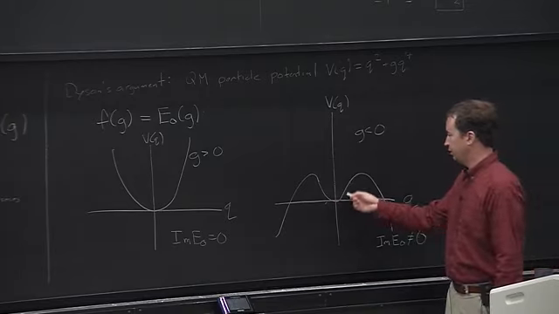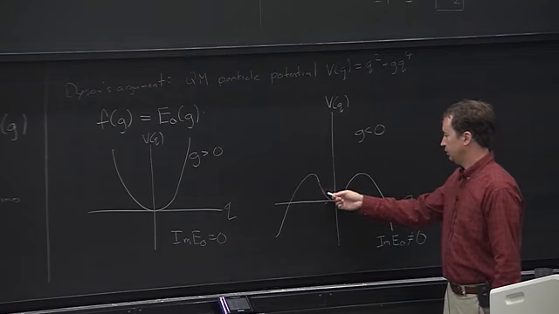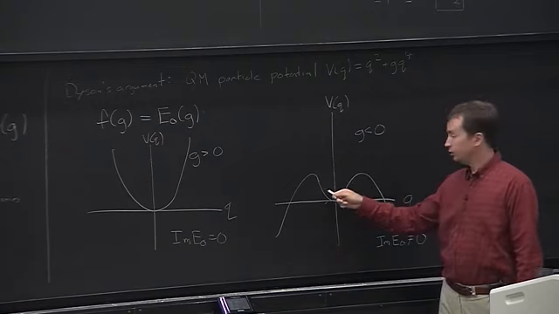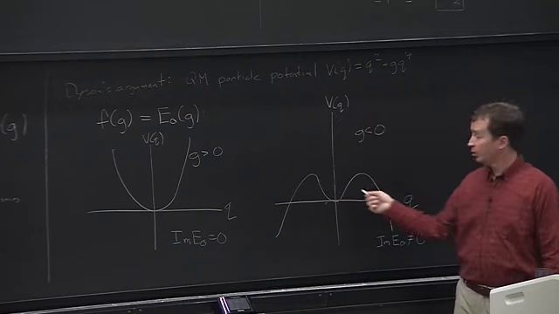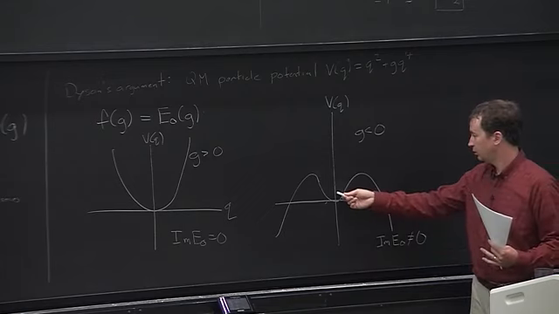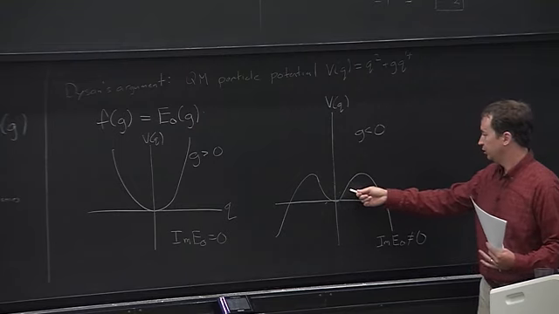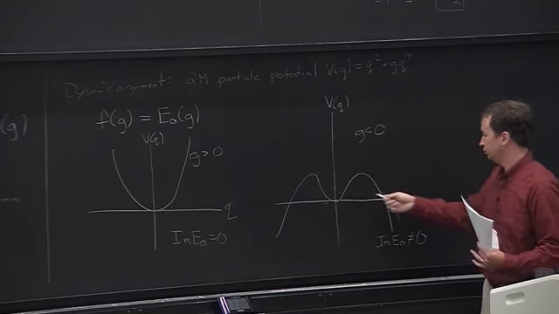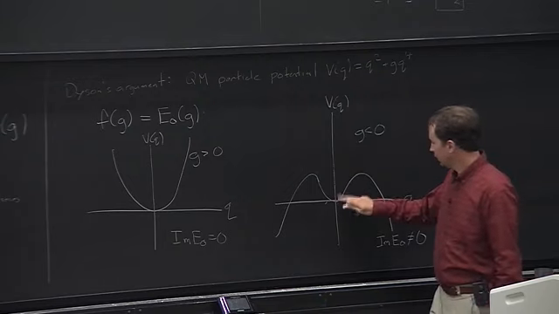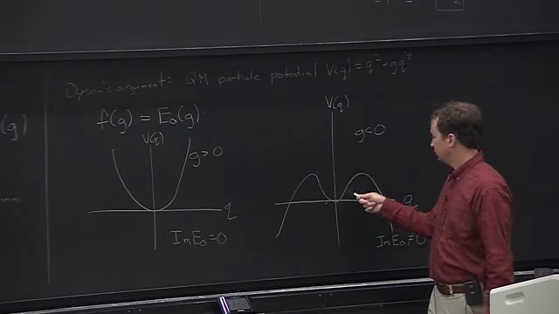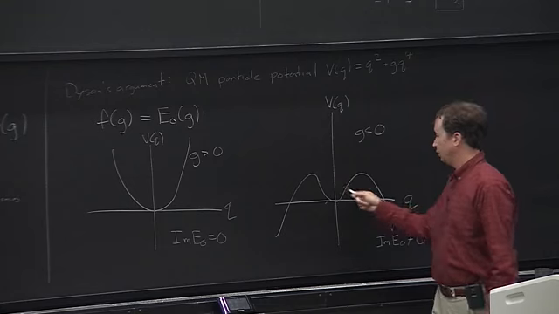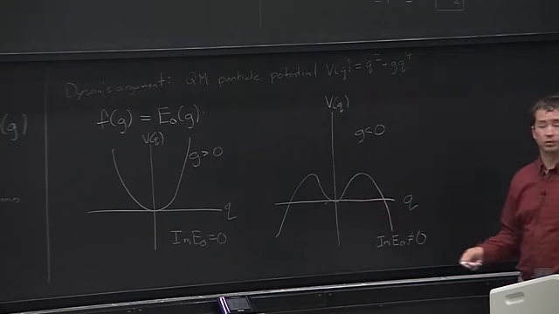So the resonant energy would be something like the energy of a state that's localized near this metastable minimum, and it would have an imaginary part because of time evolution. Through time evolution, the particle will tunnel through here, and there's no eigenstate of the Hamiltonian that remains localized near the origin for all time.